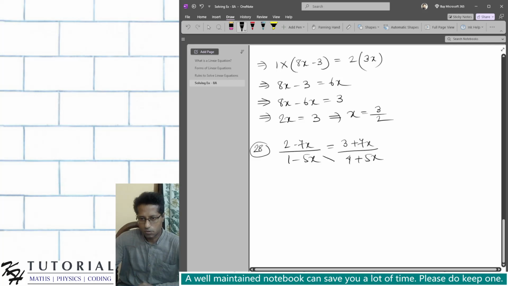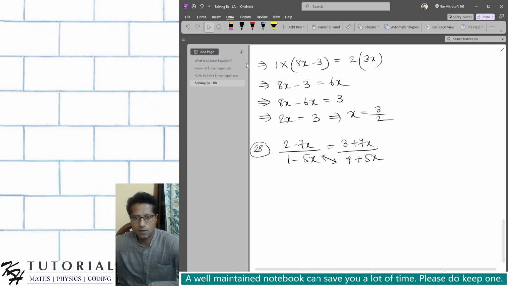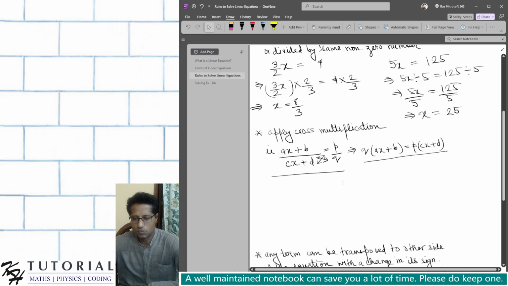If you do cross products, you will see that whatever equation you get will be in the linear form. In the rules to solve linear equations, it only talked about the form ax plus b divided by cx plus d is equal to p by q. Now if this is the form of the equation given, then you do cross product.